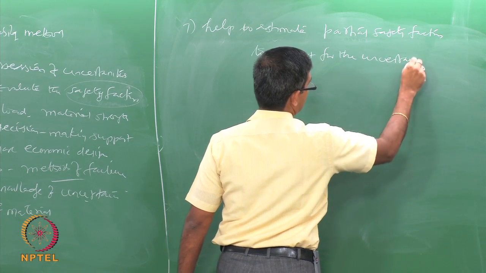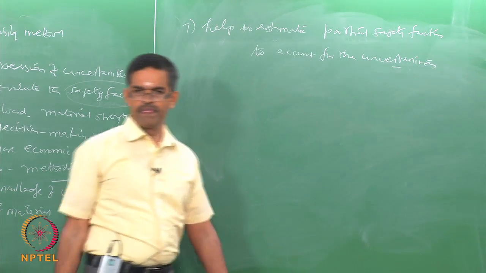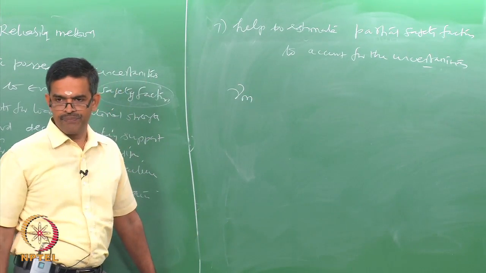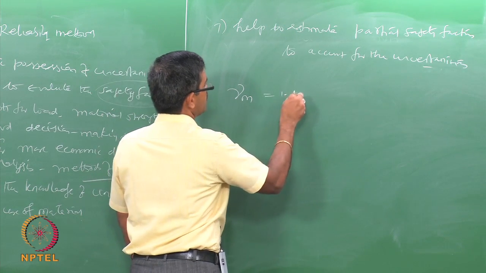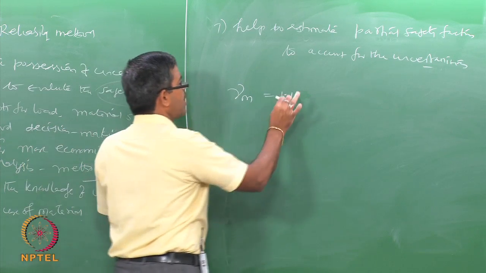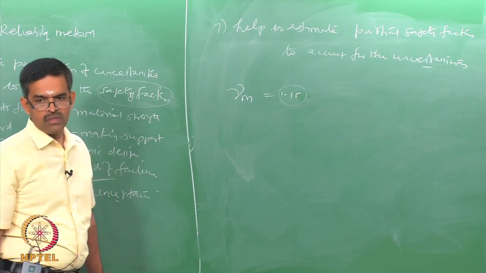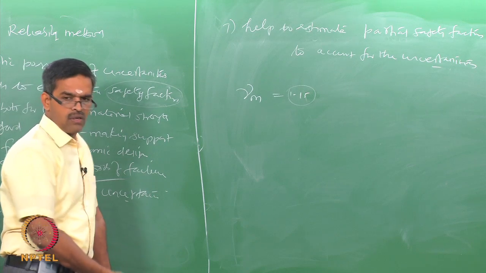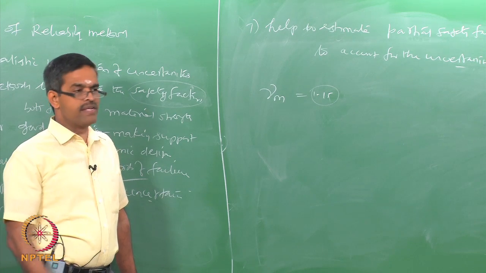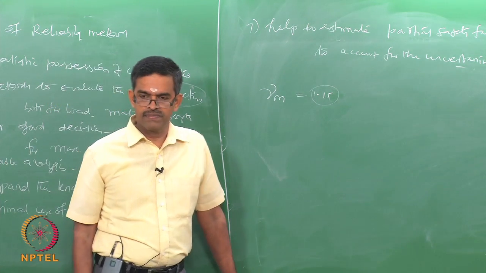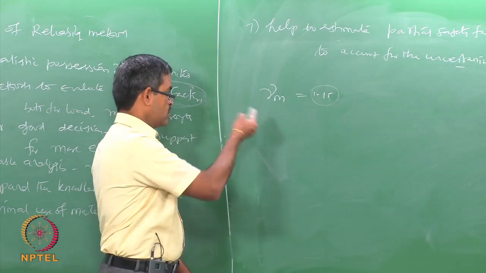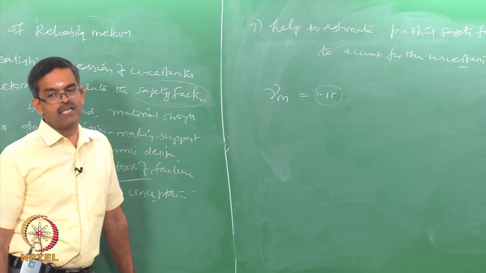Now, one may ask me a question, what is the speciality about this? Interestingly, let us say you have a partial safety factor gamma m as 1.15. Now, the number 1.15 is derived based on the material properties of either concrete or steel or composite or an alloy by testing various cross sections under various conditions and estimating the mechanical characteristics and then finding out the safety factor of material strength.